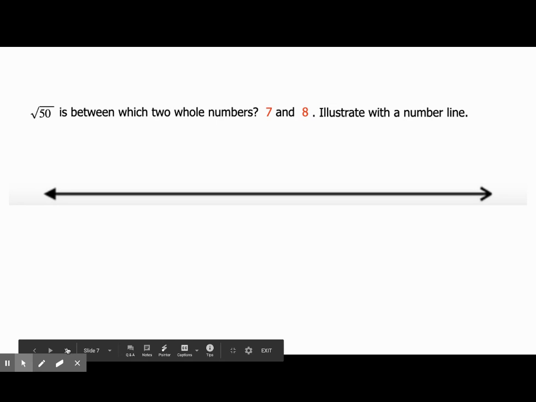Between those, when I take the square root of those two numbers, I get 7 and I get 8. And so I know the square root of 50 is between 7 and 8. And that's a great estimate. If you think about the number 50, it's closer to the number 49. So if we took the square root of 50, it would be closer to the number 7 on the number line.